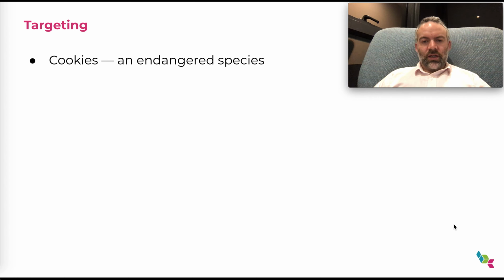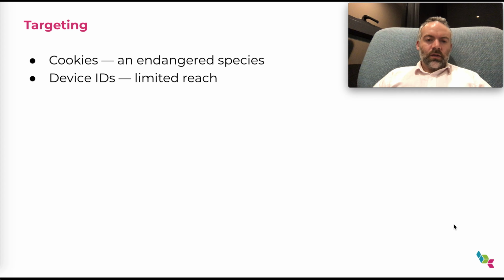But they're still heavily relied on, even though they are an endangered species. They never really worked on mobile web. They haven't been an option on mobile apps or big screens at all. And now we see desktop browsers like Safari and Firefox are starting to crack down on the ability to do third-party targeting using cookies.